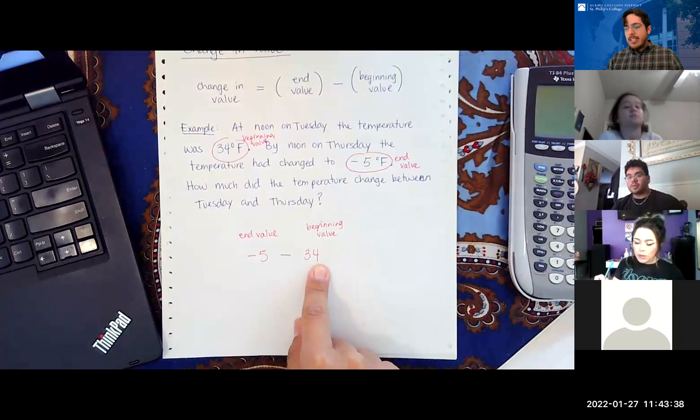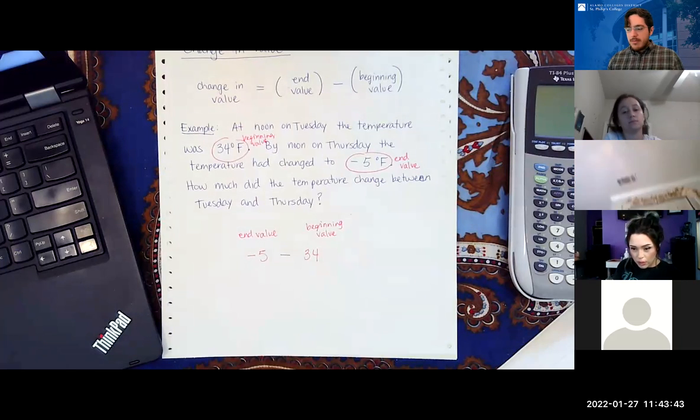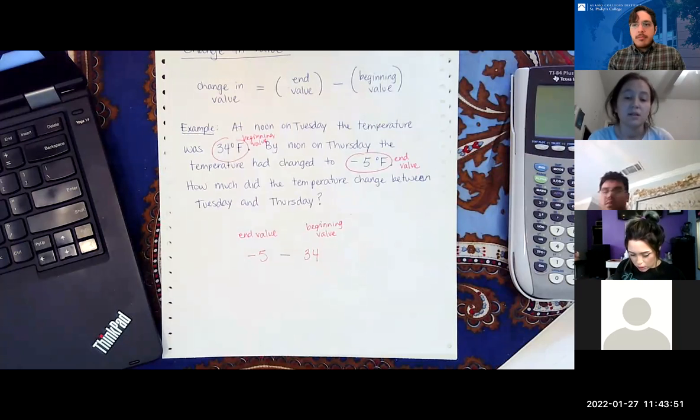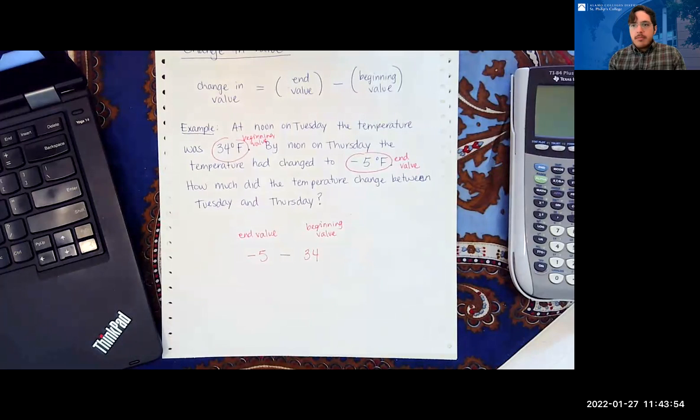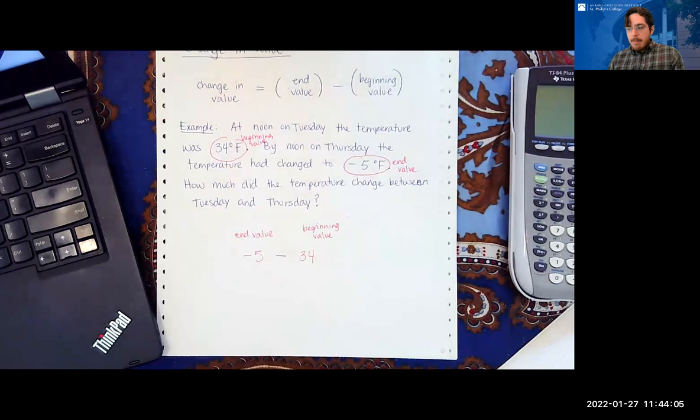So if I needed to subtract these numbers, how do I do that? What is the process that we've been using so far? So you're basically telling me that we had to solve the problem just like that? Yeah. Like once you have it set up correctly, then we just need to solve this problem. What is -5 minus 34? Well, the process we've been using this entire time is keep change, right?